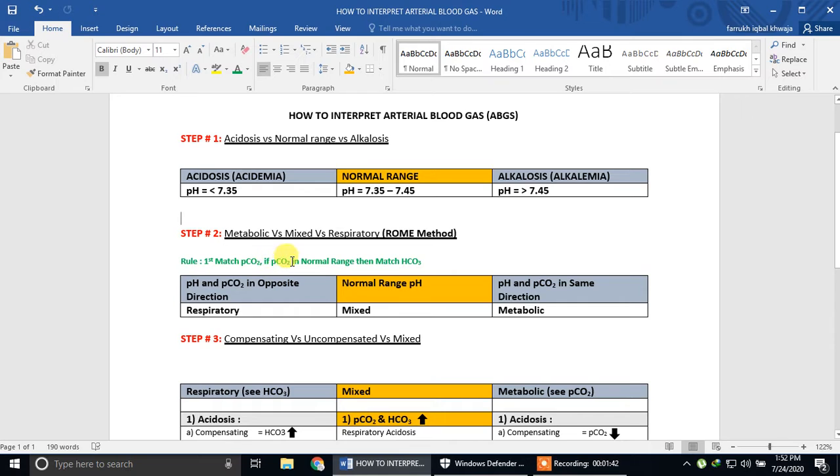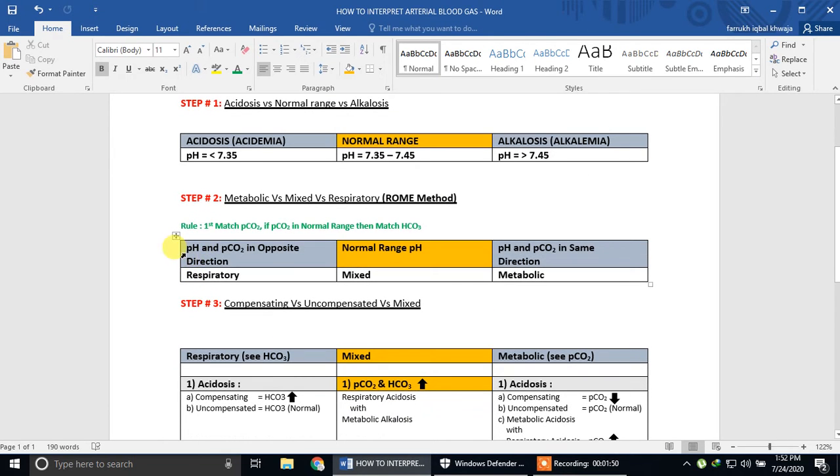If the partial pressure of carbon dioxide is normal, then you have to match the bicarbonate. If some of you haven't studied the ROME method, I would recommend you first visit other YouTube videos. There are many videos on YouTube on the ROME method. First see that and then come back to this video.